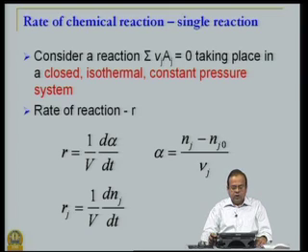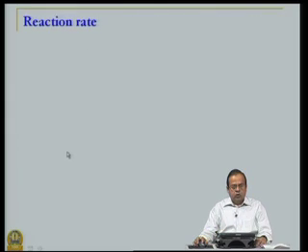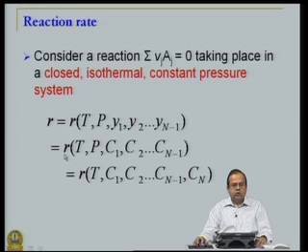So, now let us continue our discussion further and try to see what kind of mathematical expressions we can expect for rate of reaction. Let us consider the same reaction, and now our objective is to find out how rate depends upon the operating conditions.